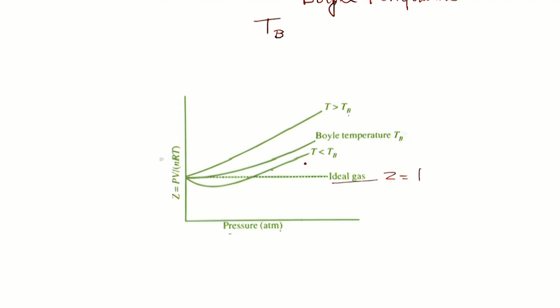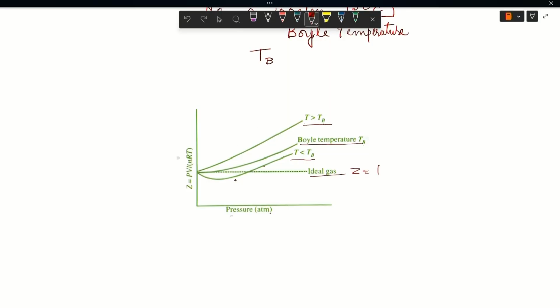Now, we have 3 types of curves: when the temperature is less than the Boyle temperature, at the Boyle temperature, and when the temperature is greater than the Boyle temperature. If you examine these 3 curves, when the temperature is less than the Boyle temperature, first there is a decrease in the value of Z, then the compressibility factor crosses the ideal gas line and keeps on increasing.